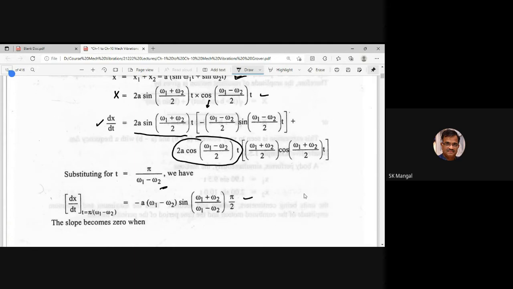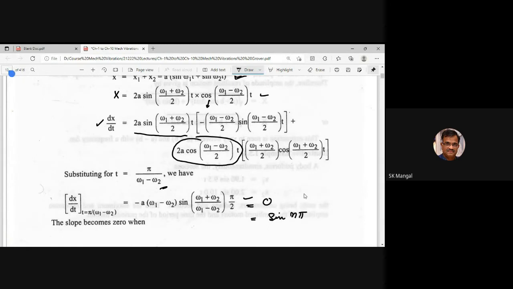So you can simplify this and one term will become 0 here. So to make this slope, this is basically the slope equation, to make this slope 0, it will become sine and pi.